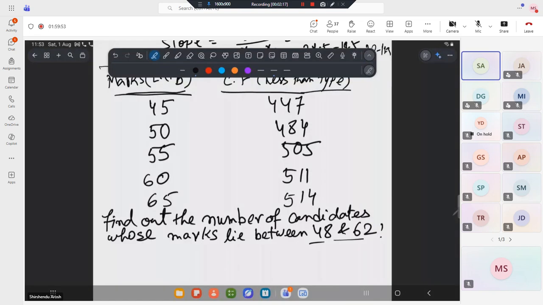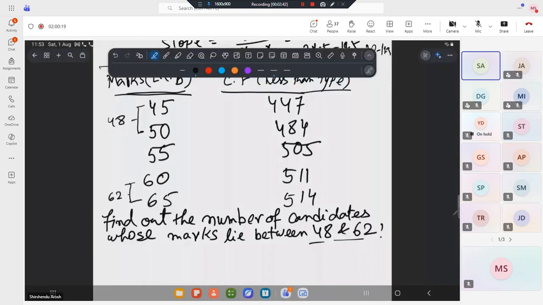Right? So for 48 and 62, I need to find out how many students are there in between. Now observe this 48 comes in between this interval, and 62 comes into this particular interval, right?